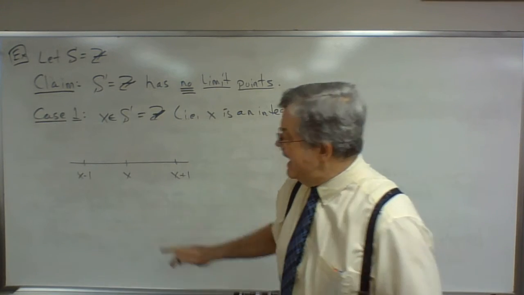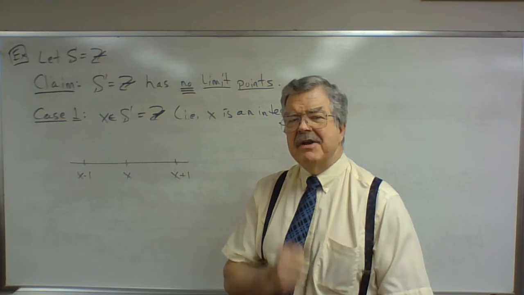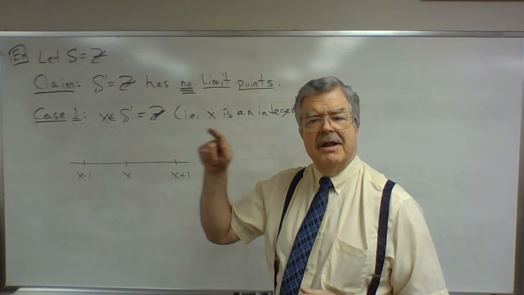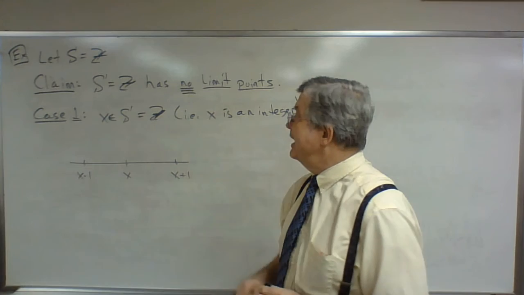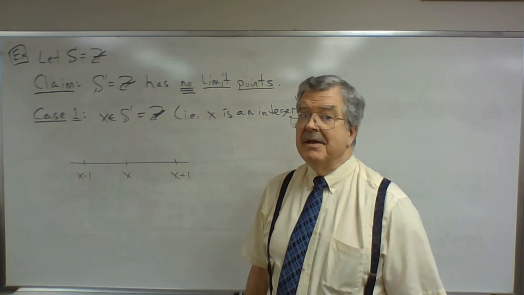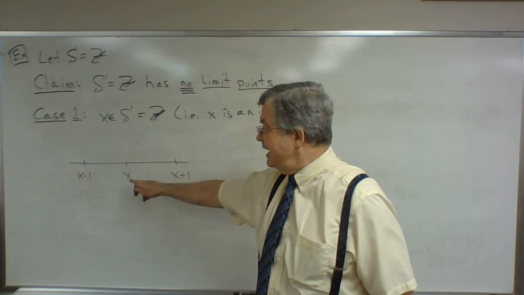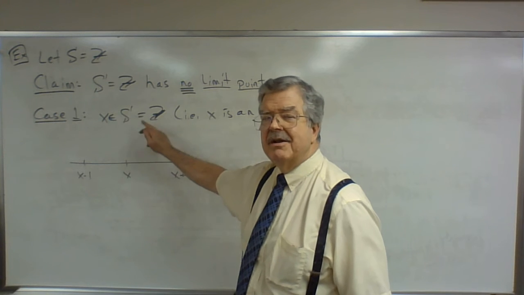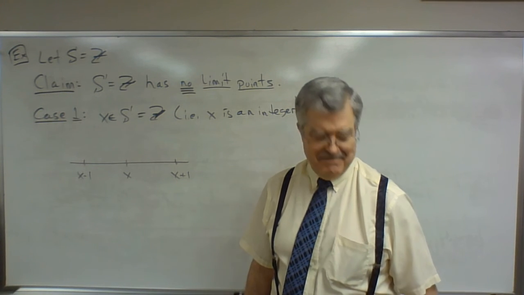In order for x to be a limit point of the set of integers, every interval of the form x minus epsilon, x plus epsilon has to contain an element of this set other than x itself. Can we create an open interval that contains x that contains no element of this set other than x itself? I think we can.